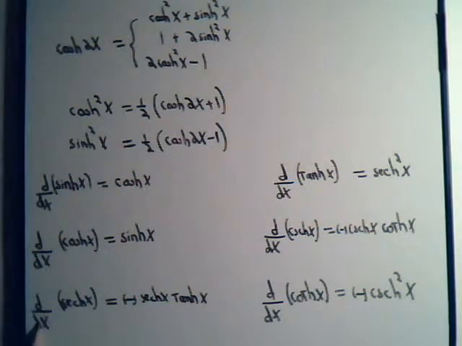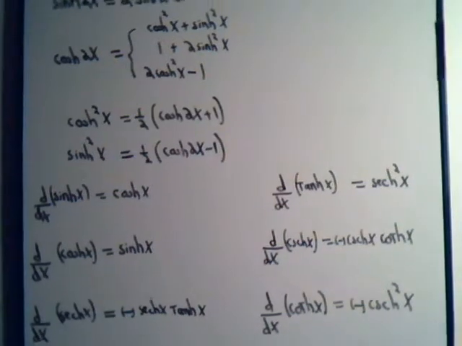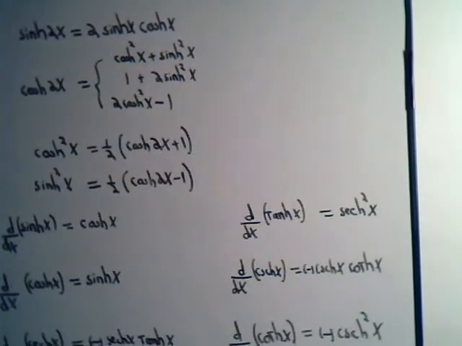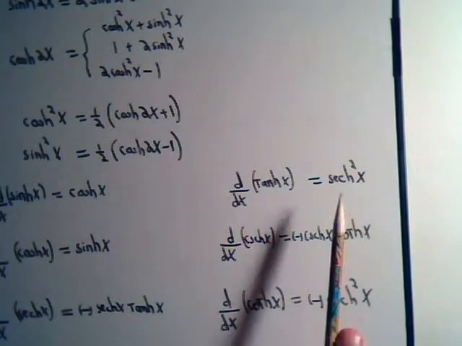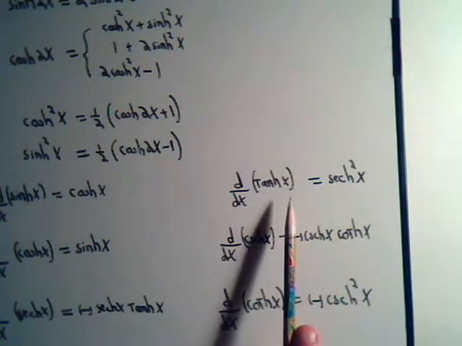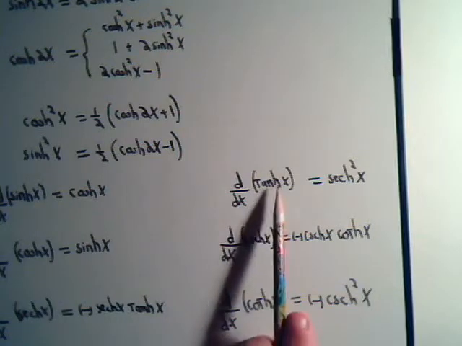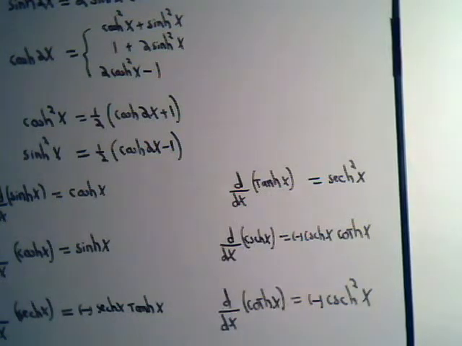And the derivative of the hyperbolic secant of x, that's minus the hyperbolic secant of x times the hyperbolic tangent of x. The derivative of the hyperbolic tangent of x, that's the hyperbolic secant squared, completely identical to its trig counterpart. We derived this relation in a previous video using the basic definition here.